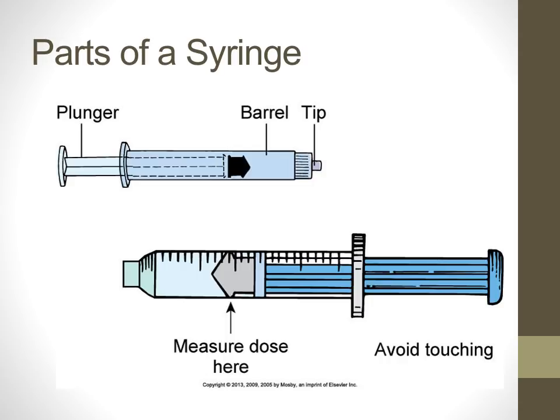Okay? And then you have the plunger. If you look at the second syringe, it actually tells you where to measure the dose and to avoid touching the end of the plunger, because remember, that's going inside the barrel of the syringe. You want that to stay as clean, as sterile as possible.